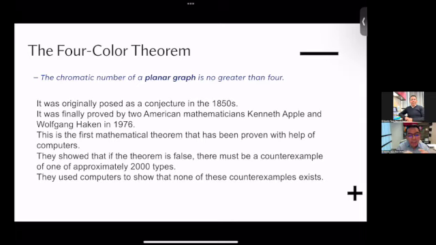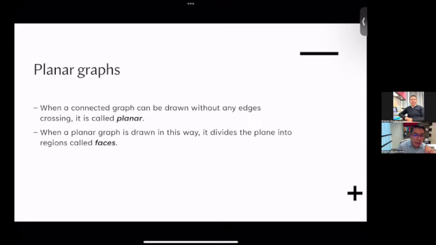So they designed the structures that a planar graph may have, and they discovered that there were about 2,000 different types of structures, and they used the computer in order to check all of them to see if at least one of them showed a chromatic number bigger than 4, and they didn't find it. So at the end, since those were the only possibilities of showing counterexamples, they demonstrated that the theorem was actually true, and this is important.